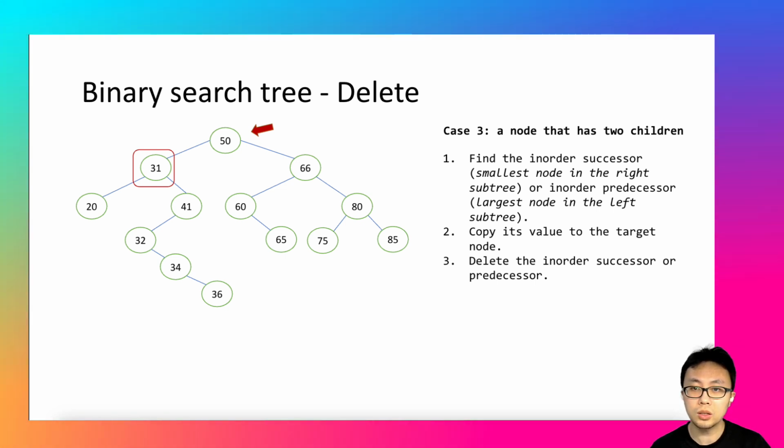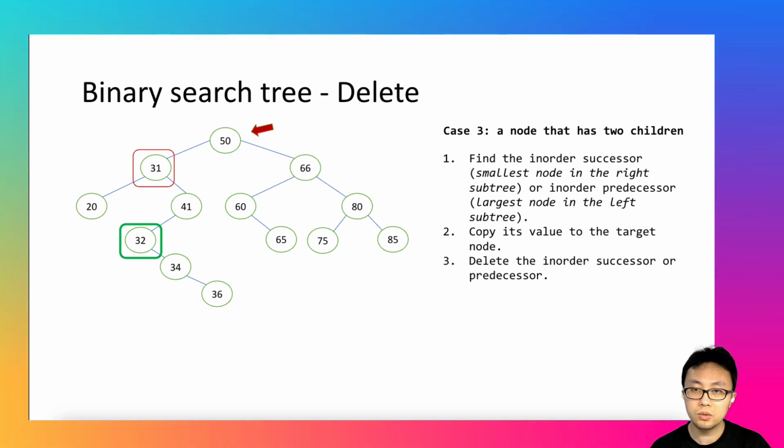That's node 20. However, if you want to use the in-order successor instead, you need to navigate to its right subtree and keep following the left child of each node until you get to a node with no left child. The in-order successor is node 32.